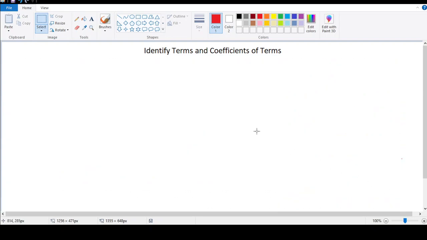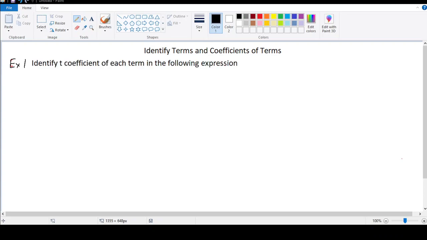All right, so example 1. Identify the coefficient of each term in the following expression. The expression is 7x squared minus x plus 6.